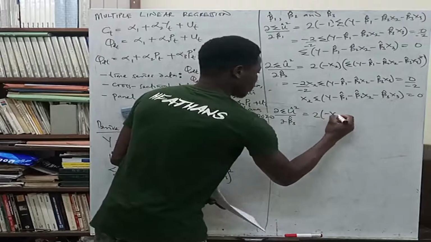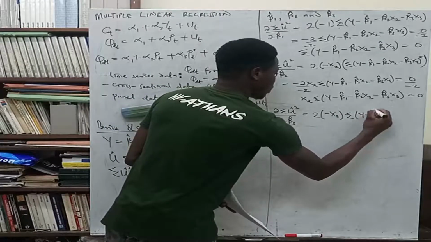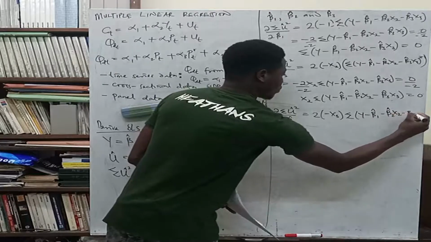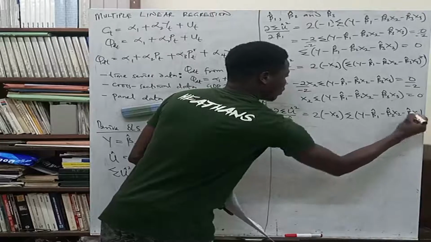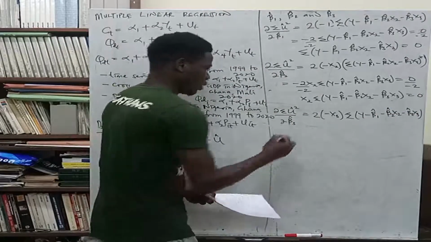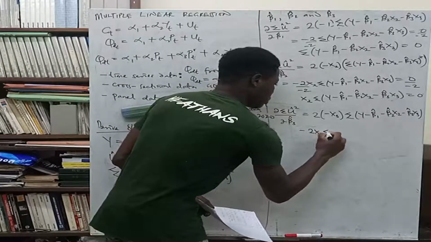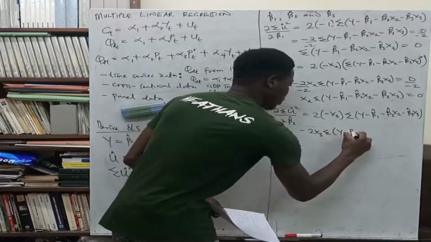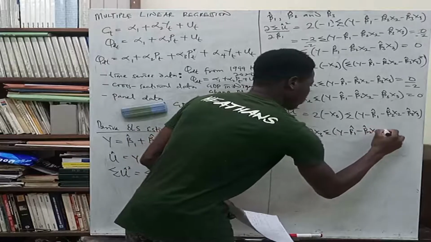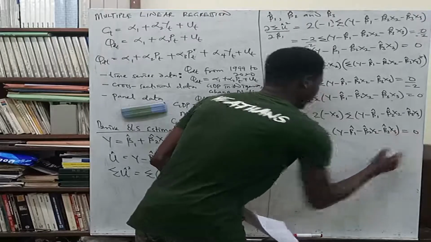That will be minus x3 summation y minus beta 1 minus beta 2 x2 minus beta 3 x3. Then we have 2 minus 1, and that's one, we don't need to write it. So we're left with minus 2x3 summation y minus beta 1 minus beta 2 x2 minus beta 3 x3 equals 0.